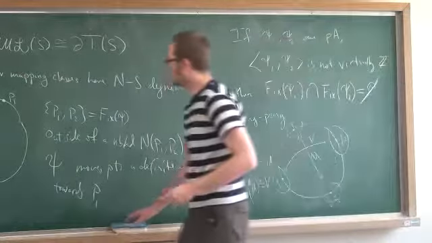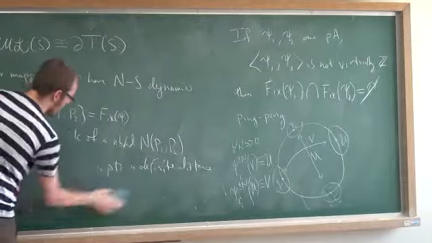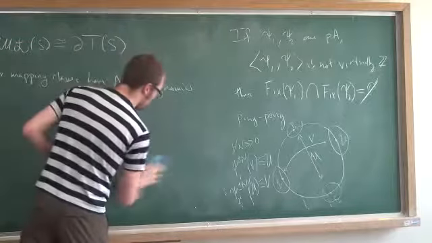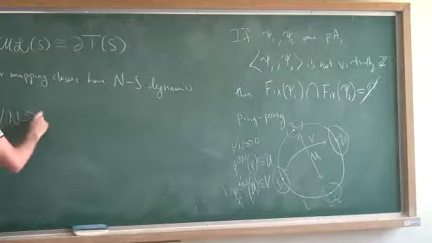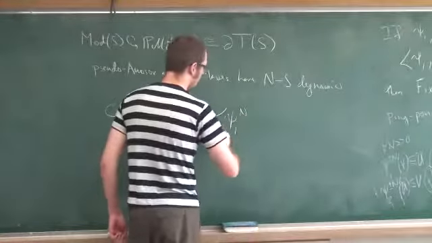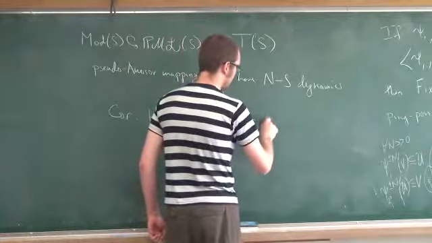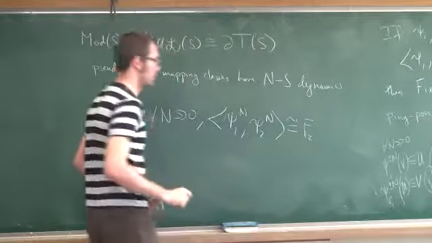And so what this implies is that for all n sufficiently large, the group generated by psi1 to the n and psi2 to the n is free on two generators.